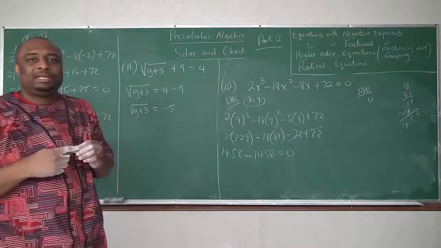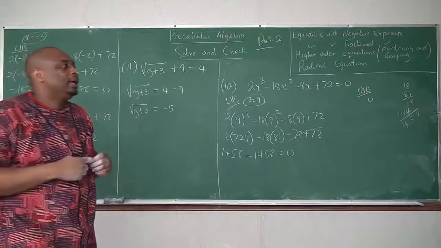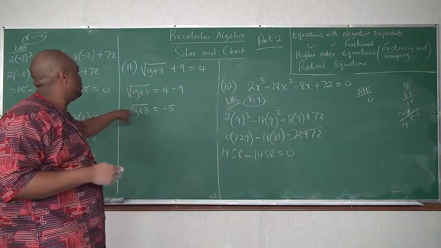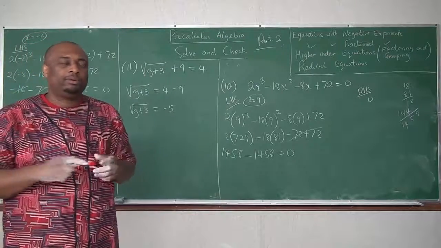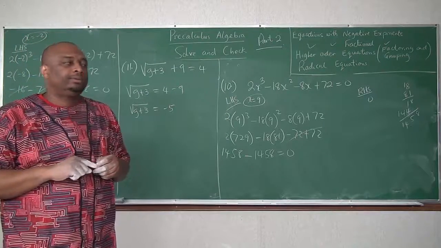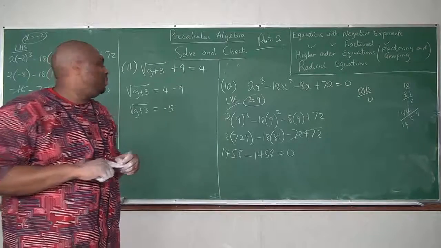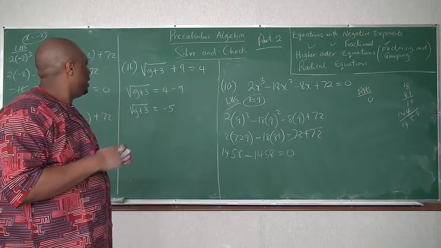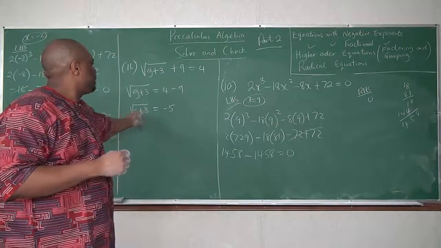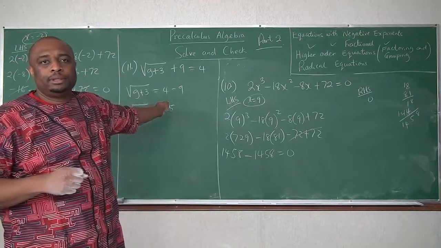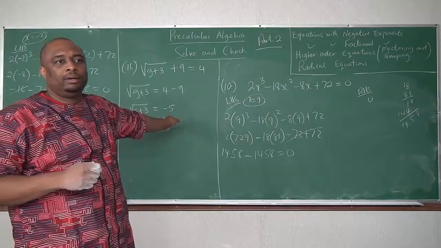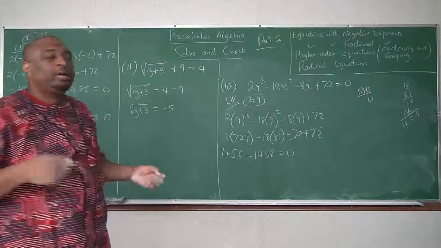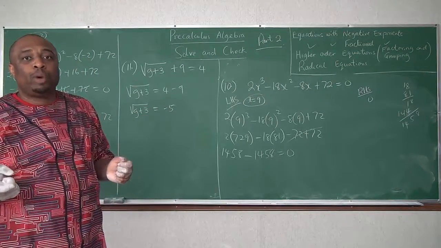Depending on the question that you are asked, whenever we see this square root sign, we are referring to the positive square root. So with this kind of situation, when you see the positive square root, we call it positive square root or principal square root.